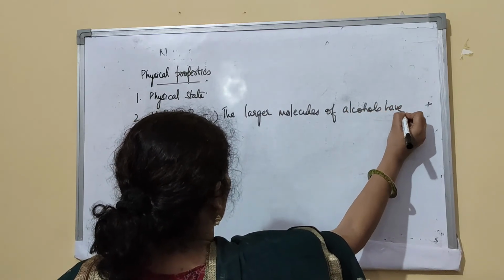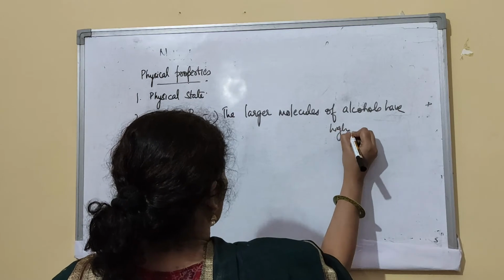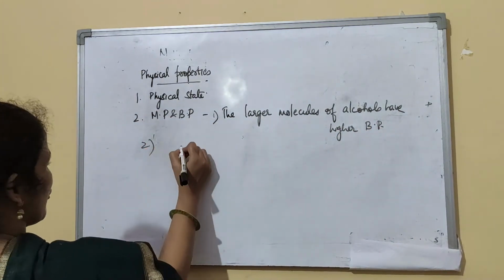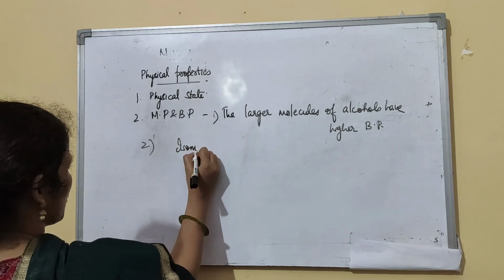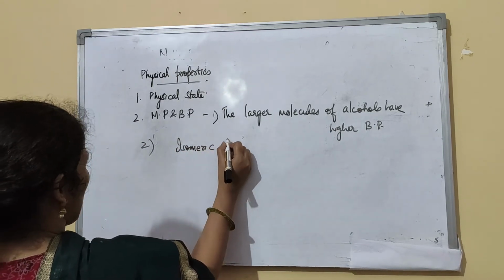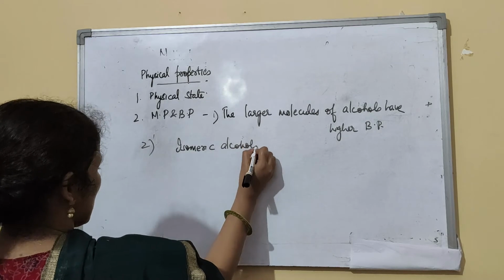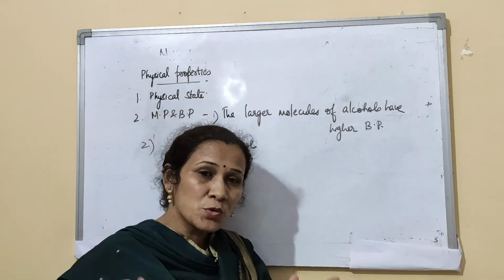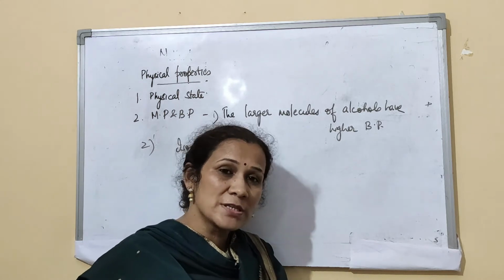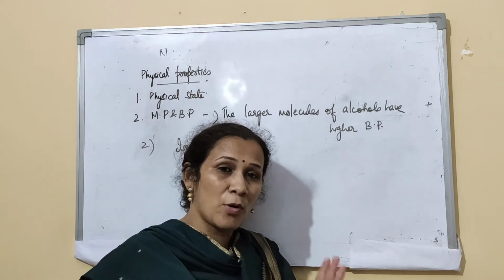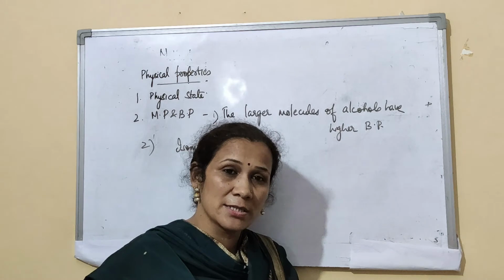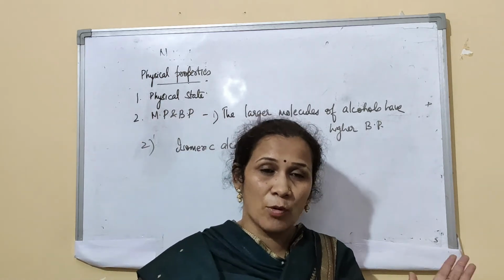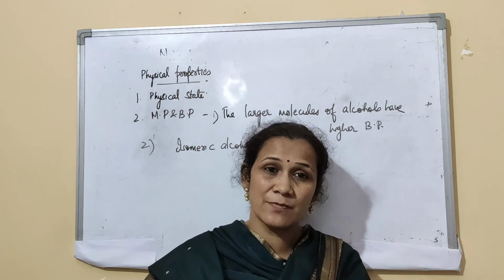The second thing, for isomeric alcohols, with increase in side chains the surface area tends to decrease. So whenever the surface area decreases, the boiling point will automatically decrease. For any isomeric alkane, the boiling point will always decrease with branching.